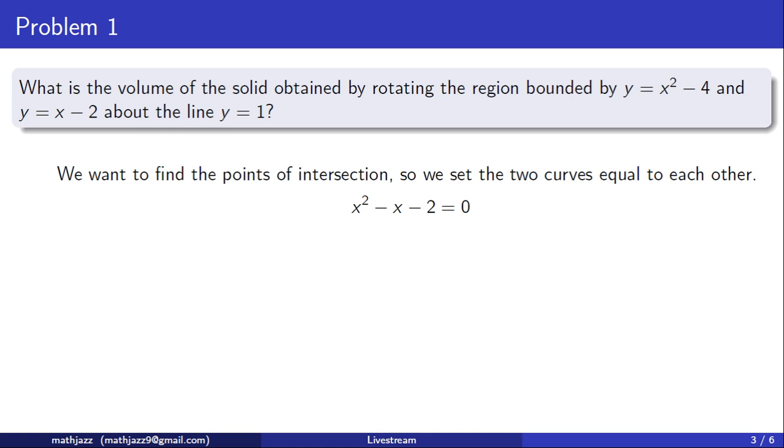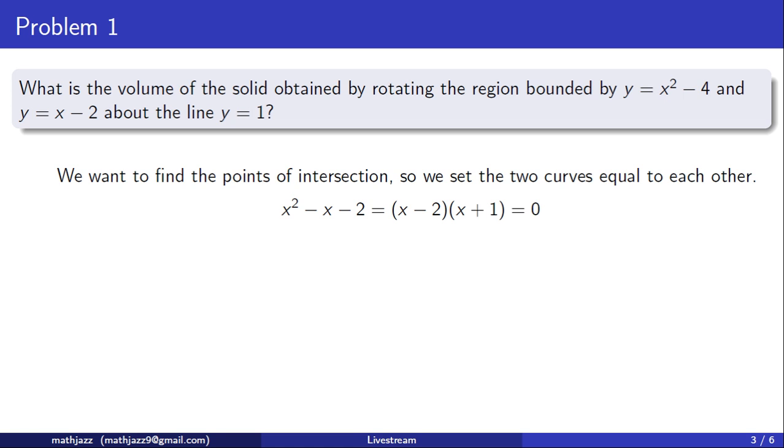We notice that we're going to have a parabola, so we move everything to one side of the equation, leaving a 0 on the other side. We get this nice parabola, which we're going to factor. Now we know that at x equals 2 and x equals -1, we have points of intersection between our two curves. So now we know the endpoints for our integral.